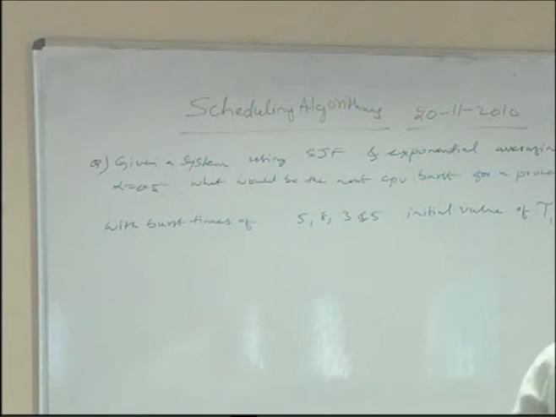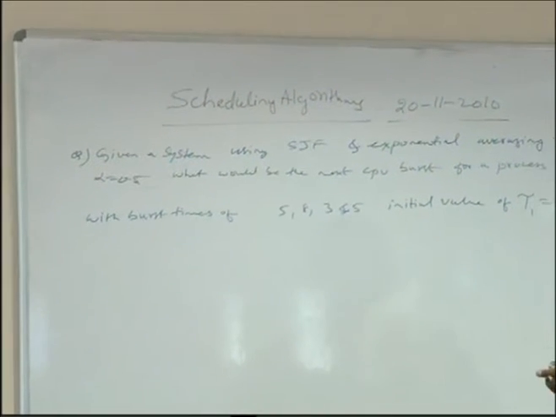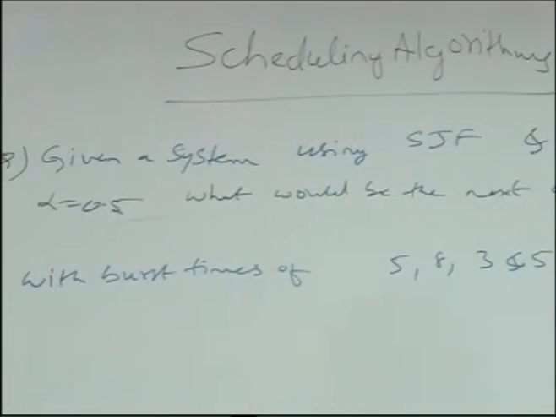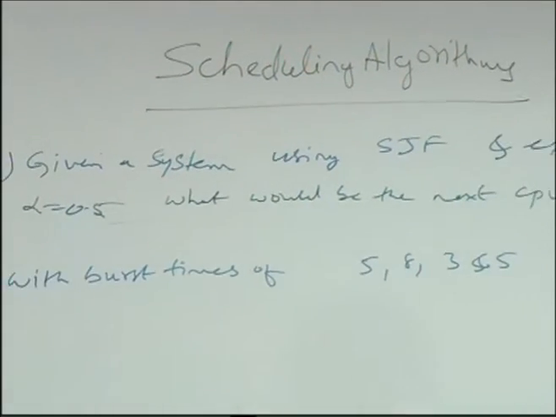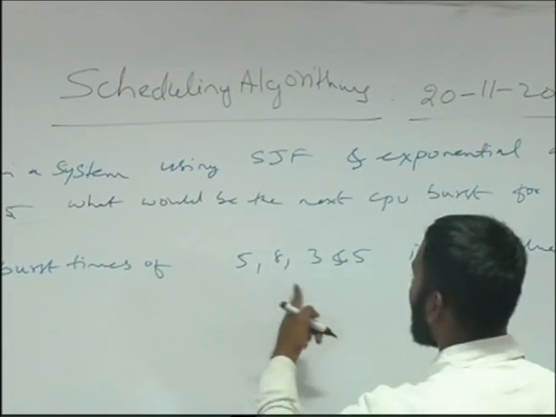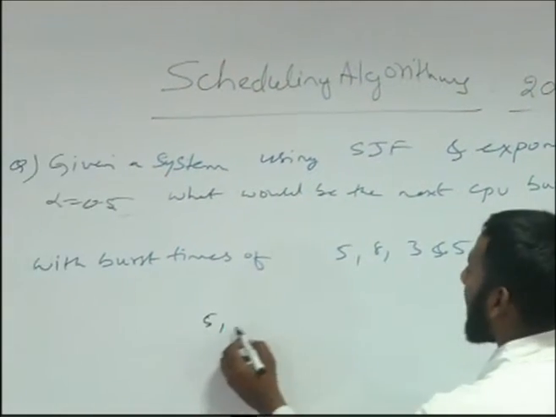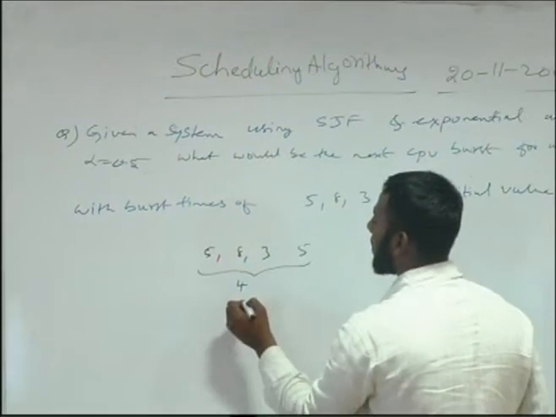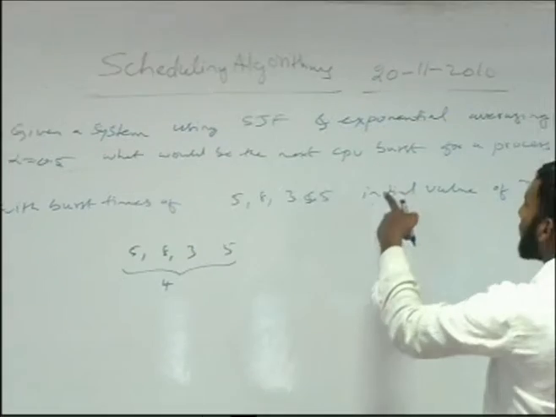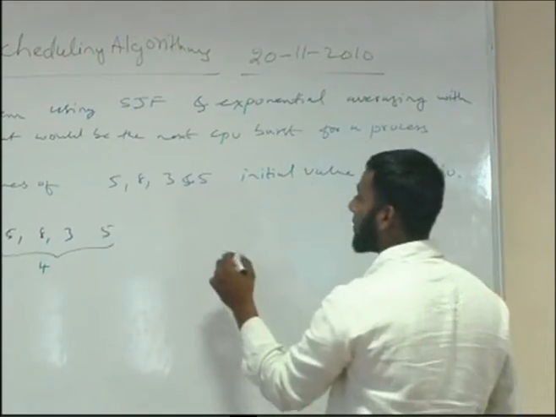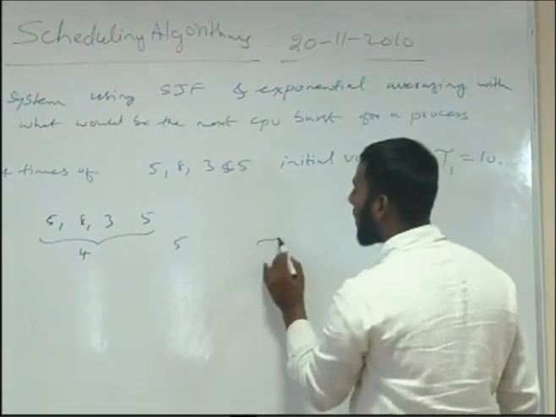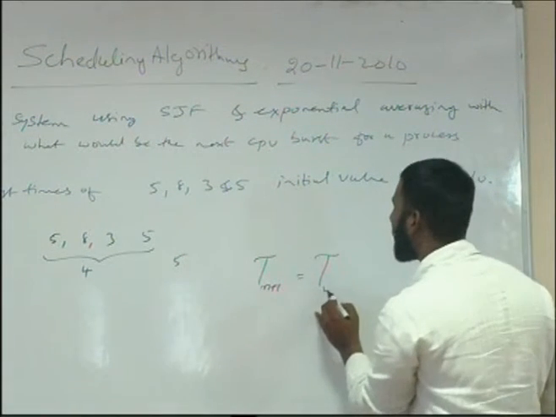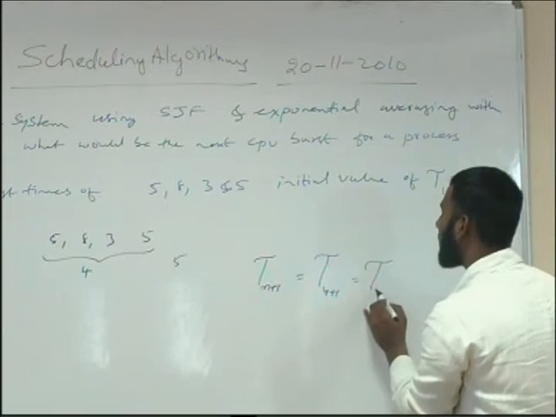Okay. So, given a system using SJF and exponential averaging with alpha equal to 0.5, what would be the next CPU burst for a process with burst times of 5, 8, 3 and 5? This is the most recent history which is available. They are 4 in total. So, it is asking us to find the next CPU burst, which is the 5th. So, my tau of n plus 1, actually tau of 4 plus 1, is tau of 5.